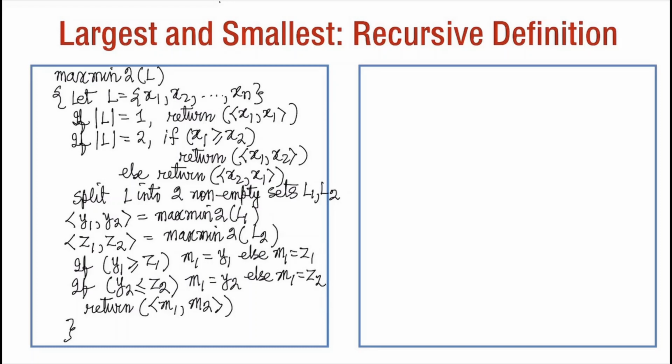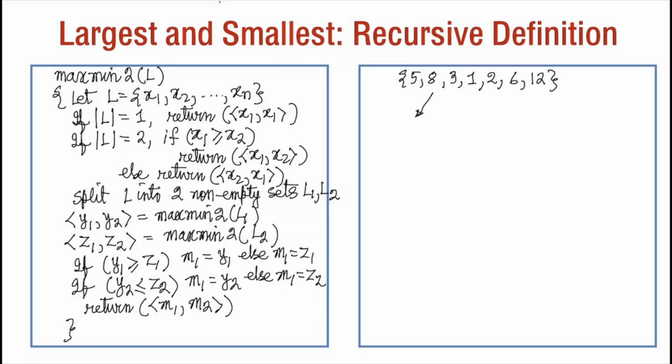So let us quickly run through an example, our old example that we had. So our example was, we had a list which was 5, 8, 3, 1, 2, 6, 12. These 7 elements.